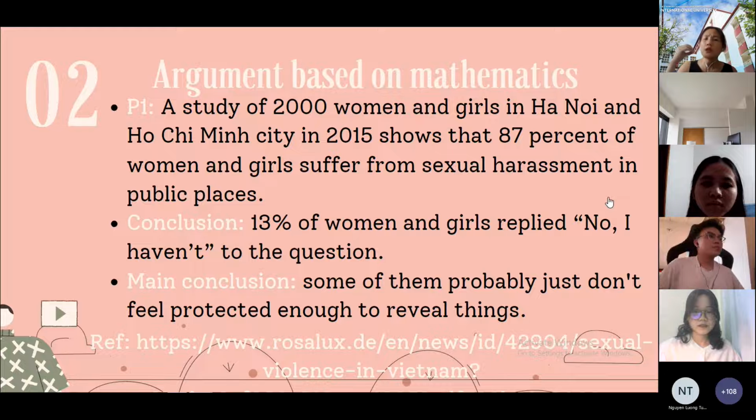So it's not enough information to go from the conclusion of this argument to the main conclusion here. And therefore, people will think this argument is not enough to support the topic.